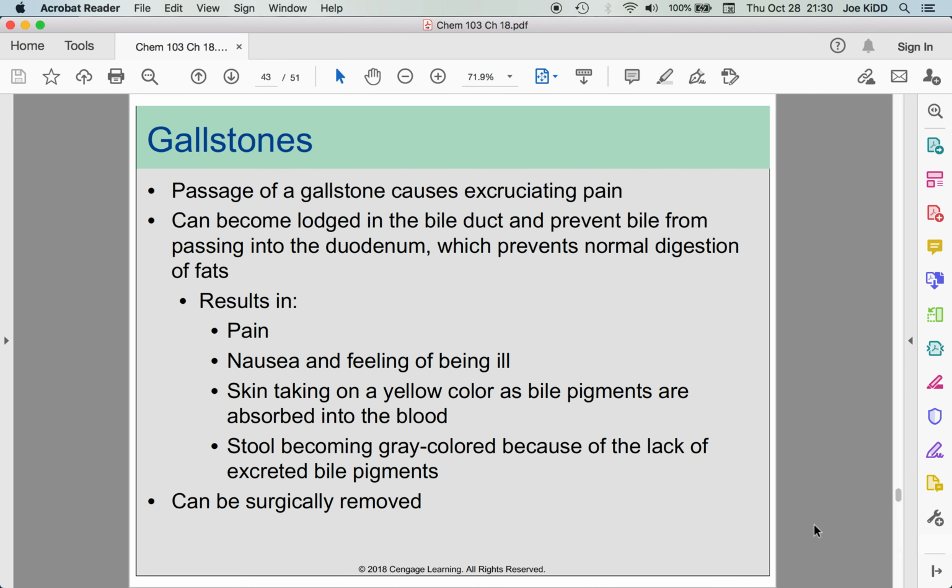So someone who is experiencing gallstones, there are two different kinds of gallstones. There are cholesterol-based gallstones and there are mineral-based gallstones. Typically, women tend to get more of the cholesterol-based gallstones, where men get more of the mineral-based, but that's not a hard stop one way or the other.